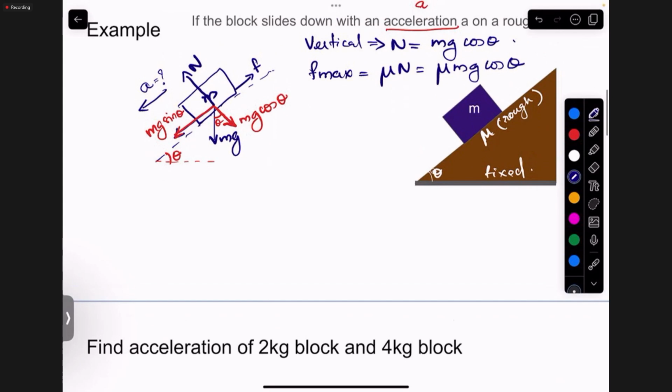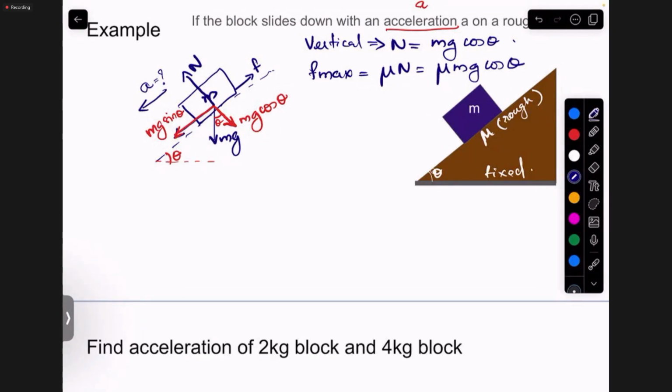Now we need to calculate the net force. So how are we calculating the net force over here? I'm taking it as the maximum force.